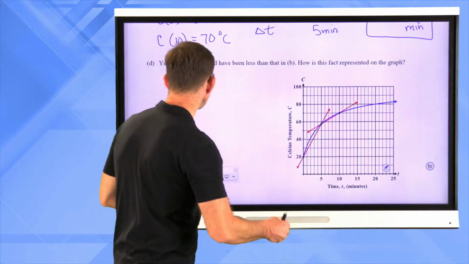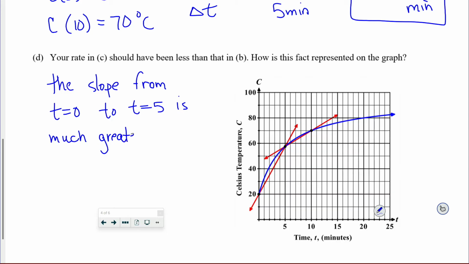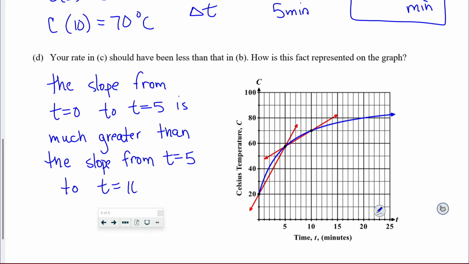So specifically, the slope from t equals 0 to t equals 5 is much greater than the slope from t equals 5 to t equals 10.